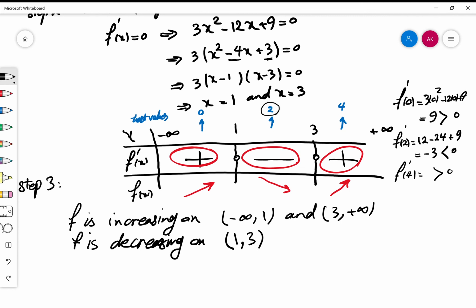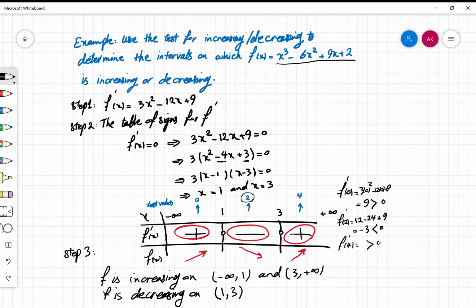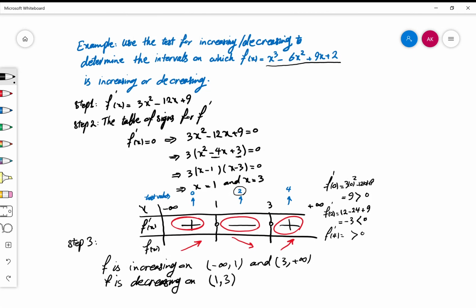I again say it, when you work with increasing decreasing, the intervals need to be just open intervals. So this is an example of how the test for increasing decreasing can be used to determine where a function is increasing and where it is decreasing.